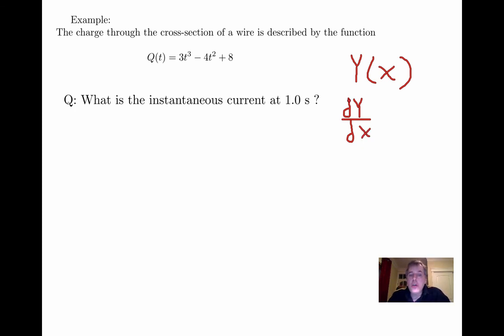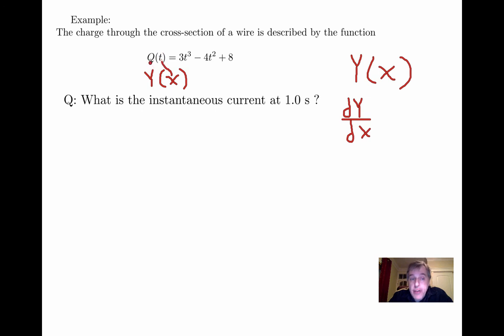Here we do dq dt. Instead of having y of x, we have q of t. This is just a change of labels, so there's nothing really deep here. But everything you've learned in calculus, you have to repeat here, replacing whenever you were thinking of x before in calculus by a t.